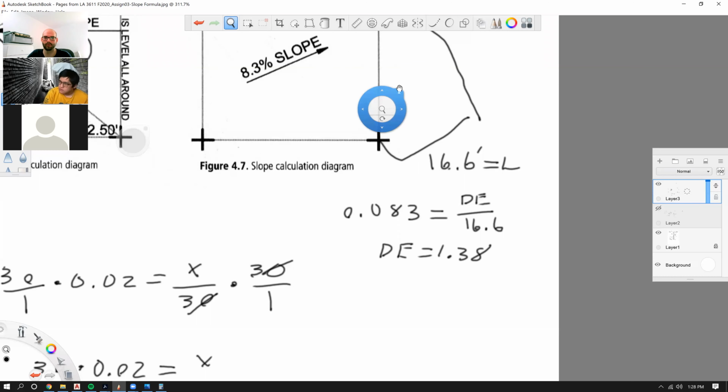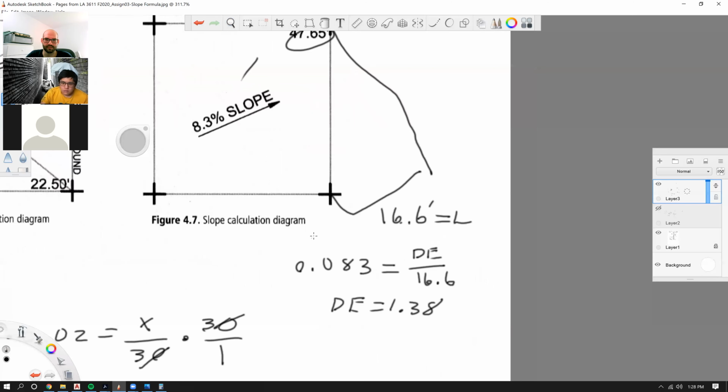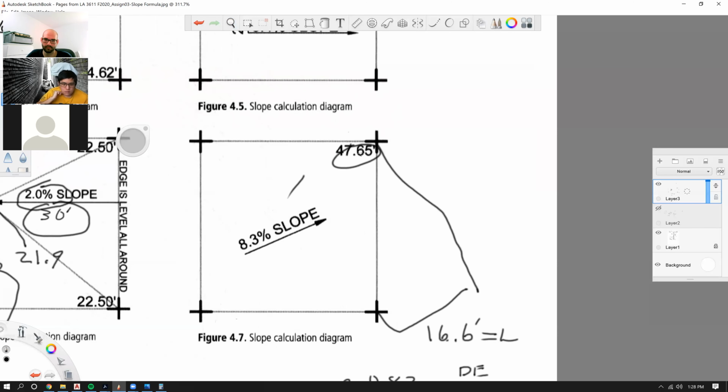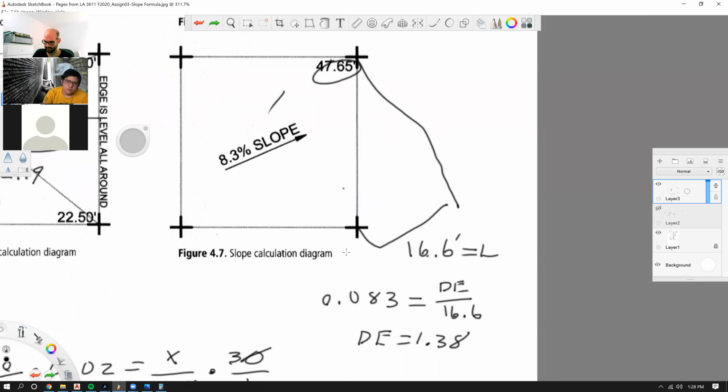And so we're going to take that 1.38 and, because we're going uphill, we're going to add it to 47.65. 1.38 plus 47.65, 49.03. And we will keep it to 2 decimals because the first point that we were given is to 2 decimals. So what did I just say? 49.03.